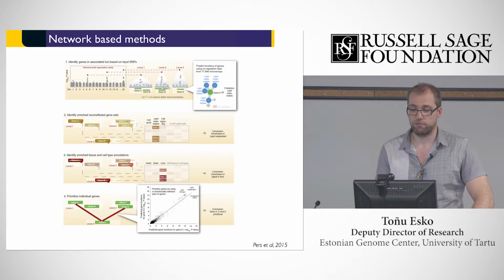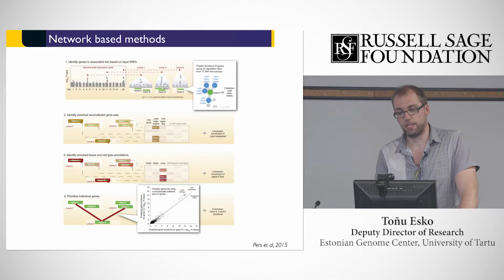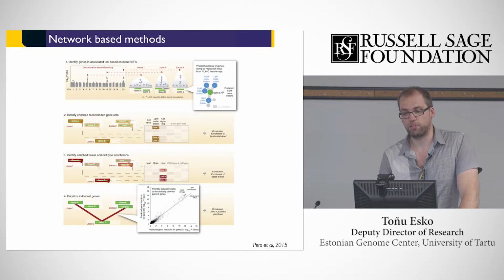Even though there are genes that are not causal for our phenotype, there are still more genes that are causal, and in this way we can quantify if there are any pathways that come out.